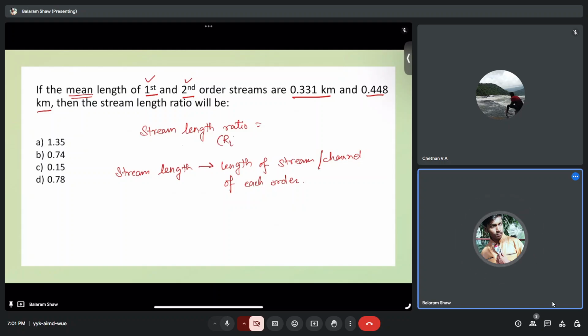That is RL. We calculate it as LU by LU minus 1. That is the stream length of the first order or the second order, divided by the previous order, right?